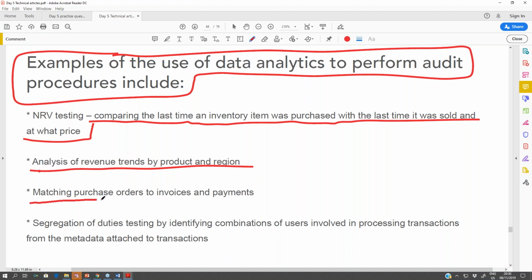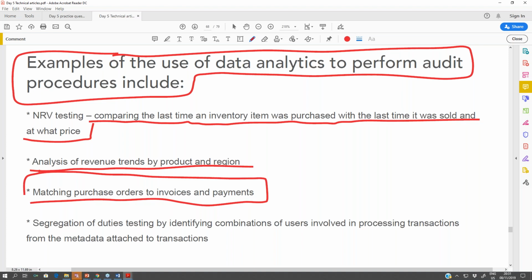Matching purchase orders to invoices and payments through computer software equipped with data analytics. This software can match the order with the relevant purchase invoice, and the relevant purchase order with the relevant payment. So see, it's so helpful, right? This data analytics and software capable of data analytics.